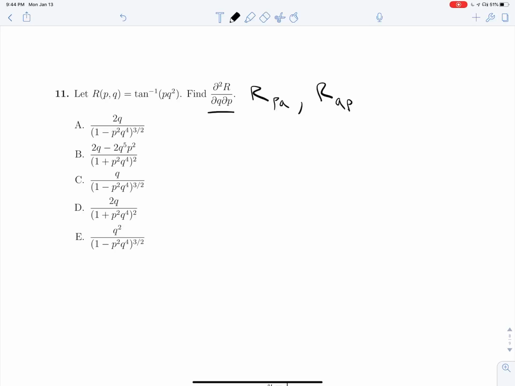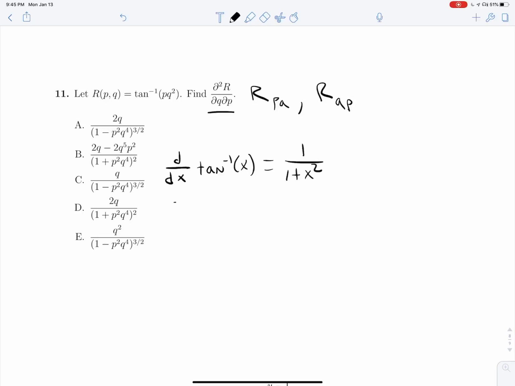So we know that the derivative of the inverse tangent function, d/dx of tan^-1 x, is just going to be 1 over 1 plus x squared. And so we can apply that here, where, well, we're taking a partial derivative.